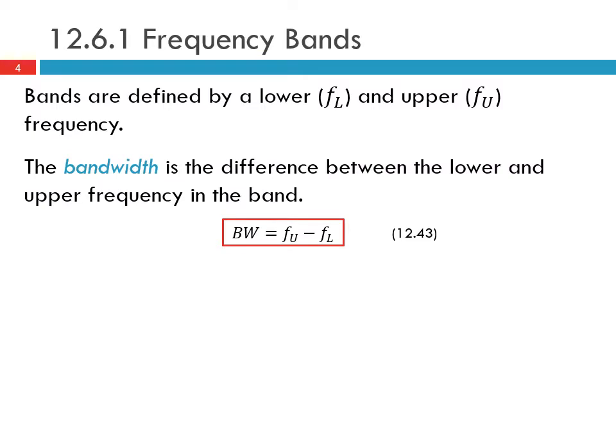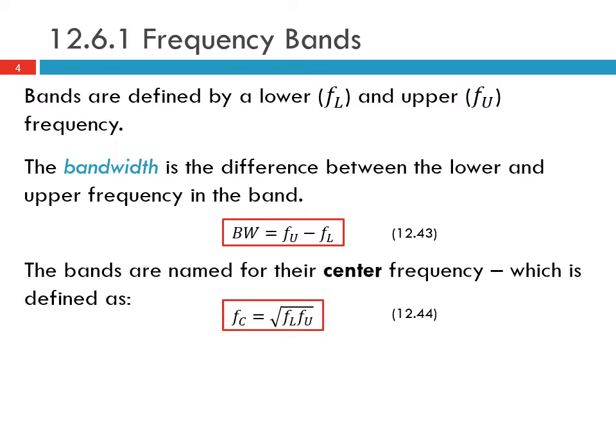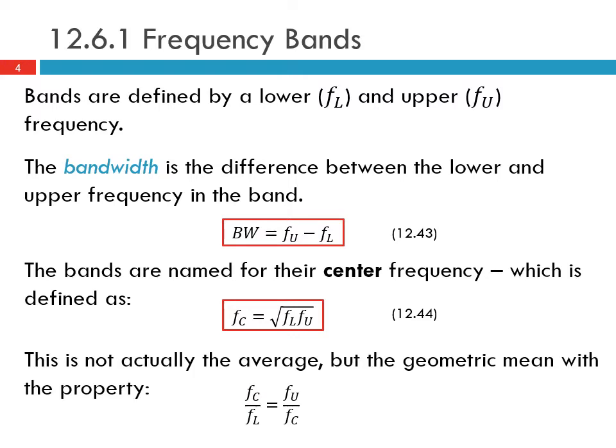The bandwidth, BW, is the difference between them: FU minus FL. The bands are named for their center frequency, which is defined as the square root of FL times FU. So it's not actually the average, but a geometric mean, with the property that the ratio of FC over FL is equal to the ratio of FU over FC.